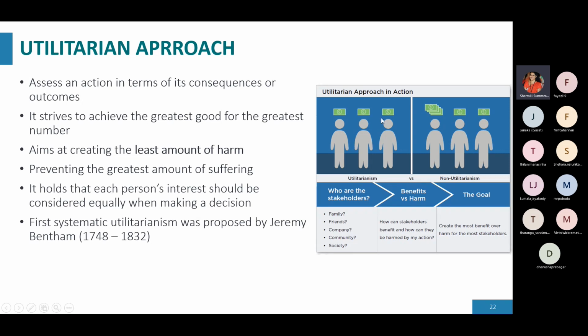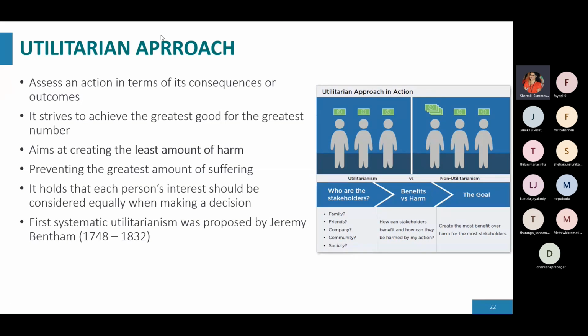So when you are making any decision, you need to think about each and every person, whether they will receive an equal amount of benefit from your decision. Before you impose or propose it, you need to check the people who are going to be impacted by your decision, whether they are going to get more benefit, and whether each and every person gets equally more benefit.